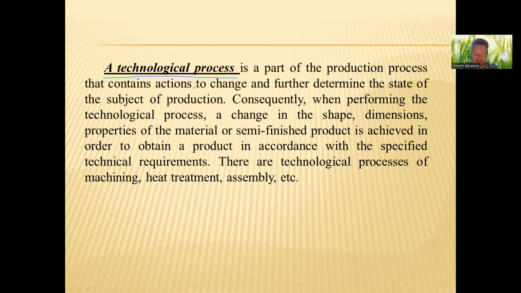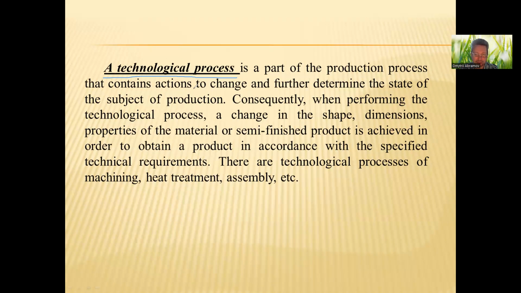Consequently, when performing the technological process, a change in the shape, dimensions, and properties of the material of the semi-finished product is achieved in order to obtain a product in accordance with the specific technical requirements.